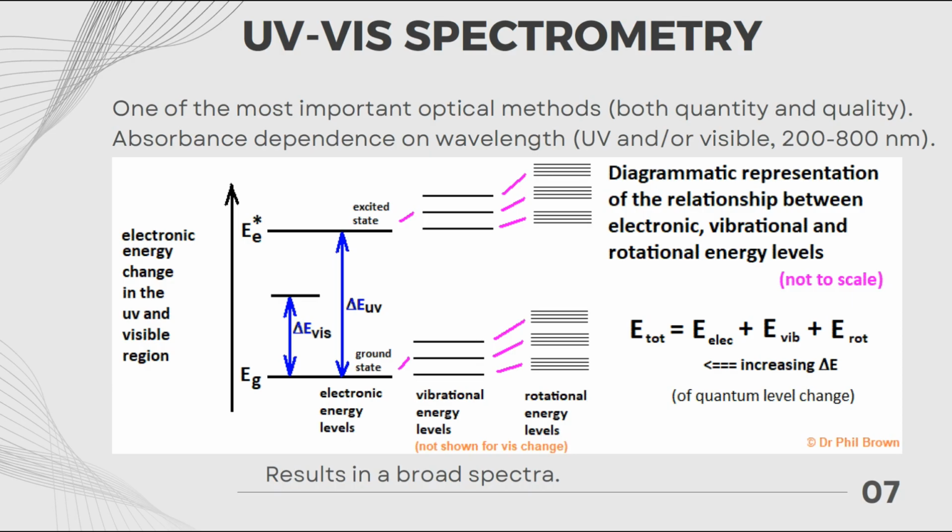And in this part of the picture, you see the electronic energy levels, so these are levels of electrons. Then to the right, you may see some vibrational energy levels, which correspond to vibration of the bonds of the molecules. And to the right, you may see the rotational energy levels.